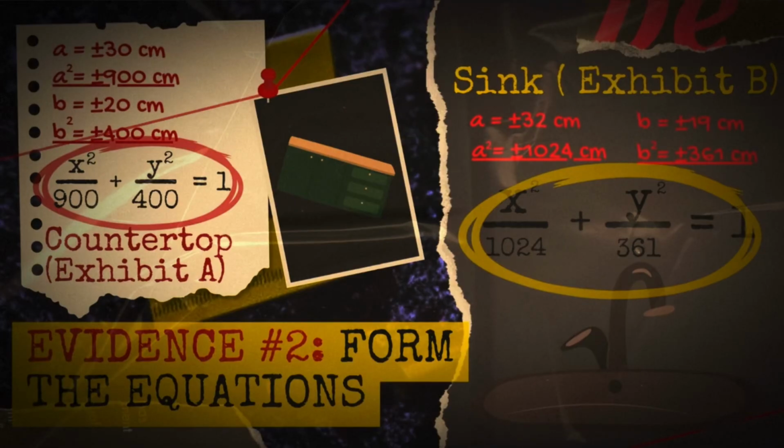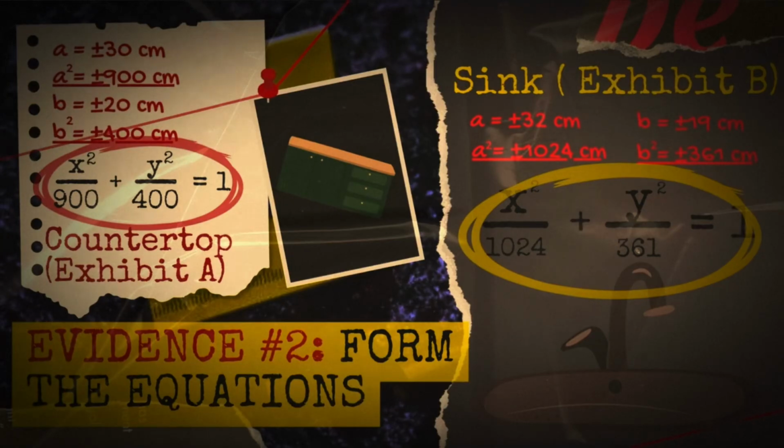So for the countertop, or exhibit A, our value of a is positive or negative 30. To get a squared, we simply square 30, which results in 900. For the minor axis, or b, we square the value of 20, which is 400.